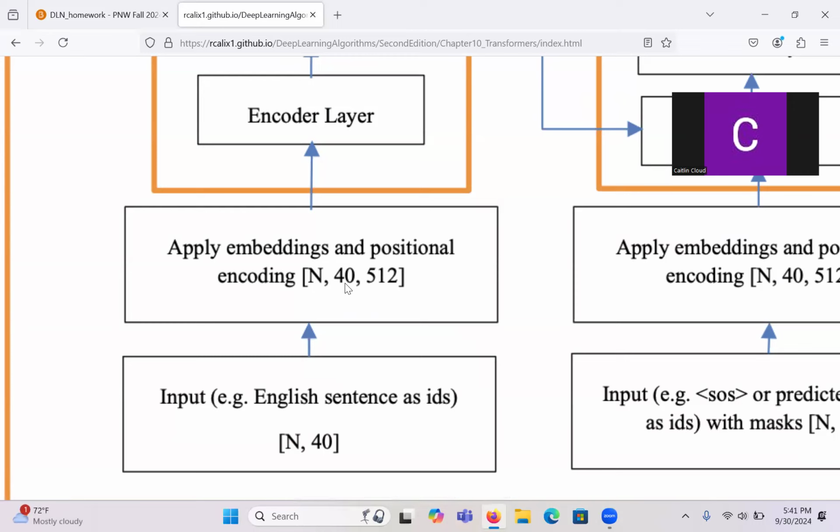But what changes now is that for every one of these 40 words, before, you can think of n comma 40 as 40 IDs. Do you see what I'm saying? Let's say that "the" is 17 and "cat" is 3.